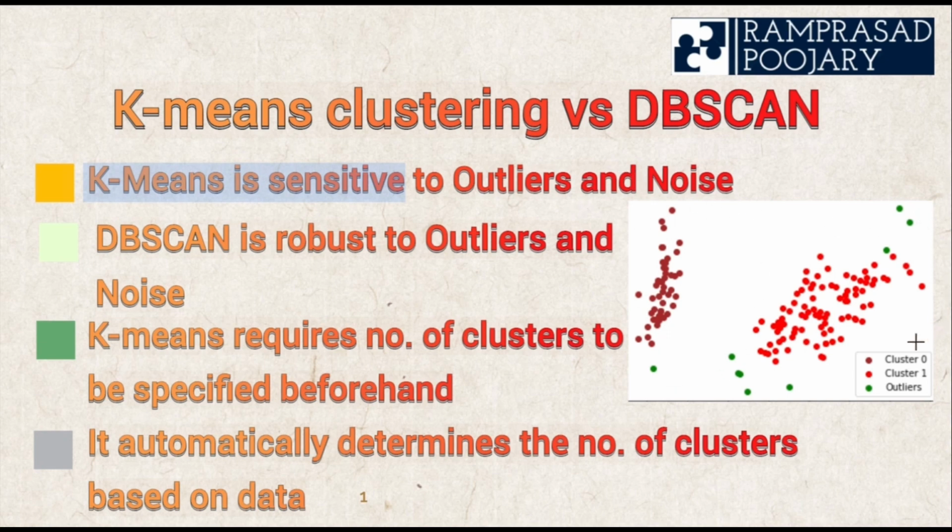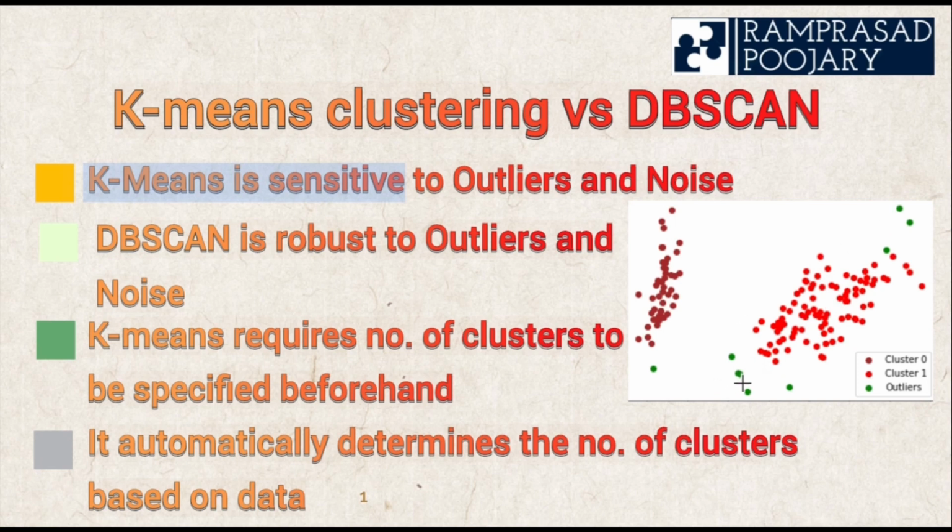If you look at this particular graph, you have all these data points which are densely packed. This is the high density region. There is also a high density region here. Whereas these data points are in the low density region. They are not densely packed, so they are considered as outliers.